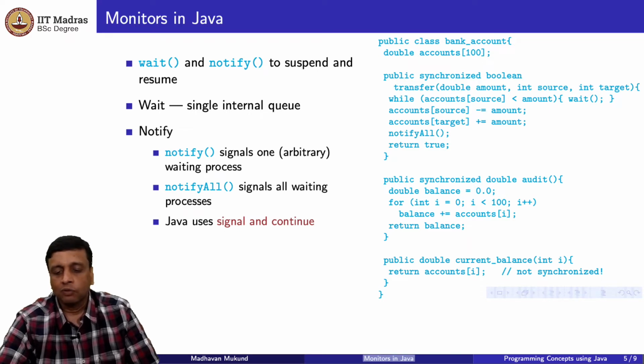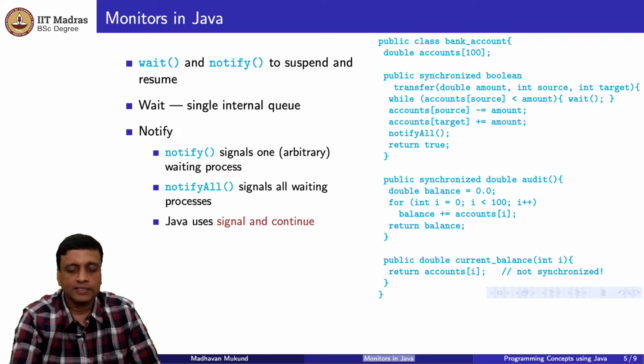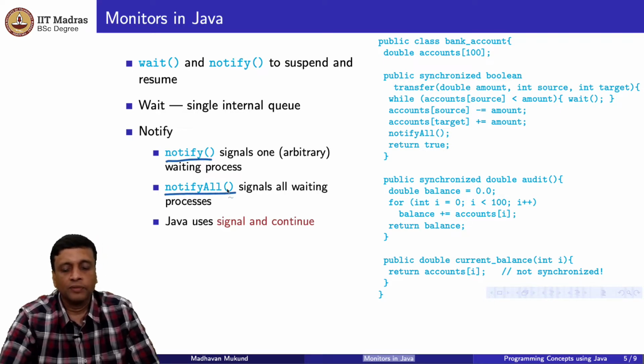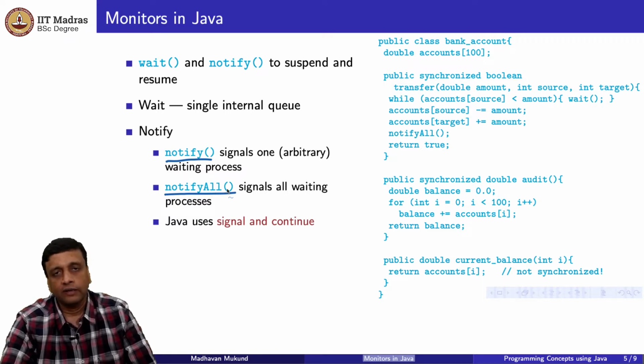Now, somewhat mysteriously, Java has two kinds of notifies, right? So there is something which is just notify, and then there is something called notify all. So if you just say notify, then in some uncontrolled way that you as a programmer cannot control, any one of the threads that is currently waiting will get woken up.